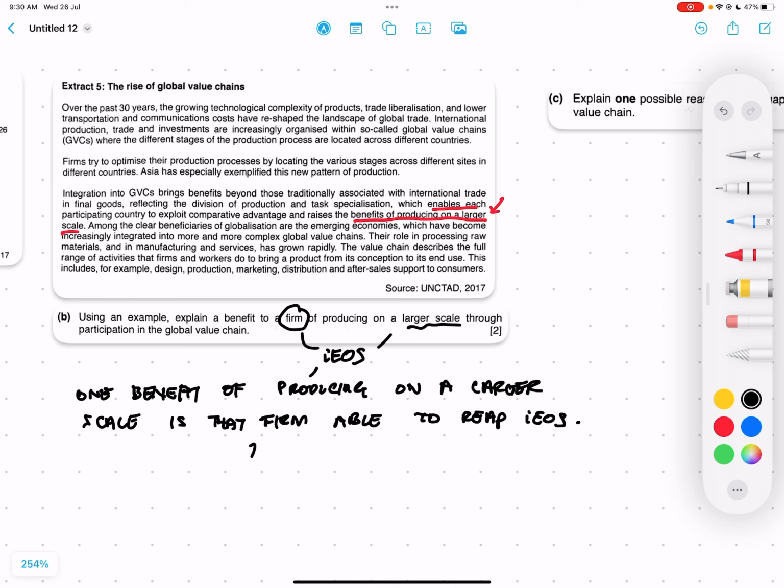They mentioned here there's division of production and task specialization. So you can explain more.